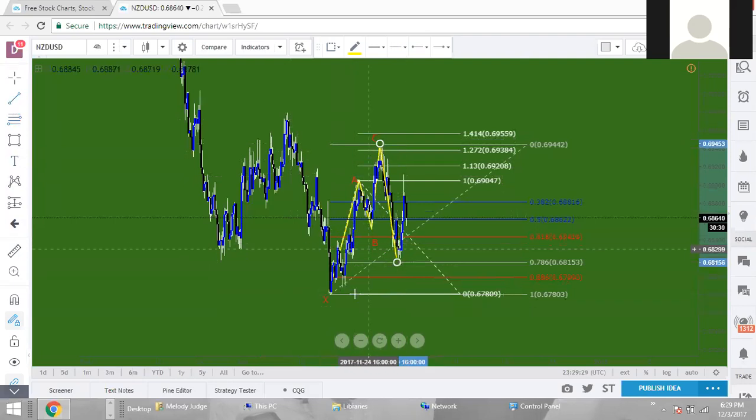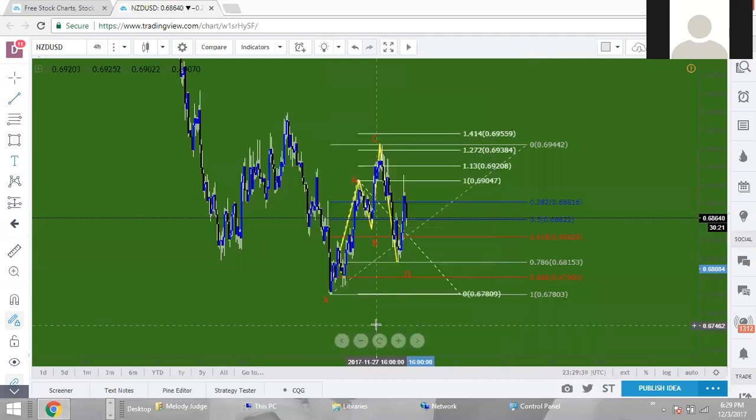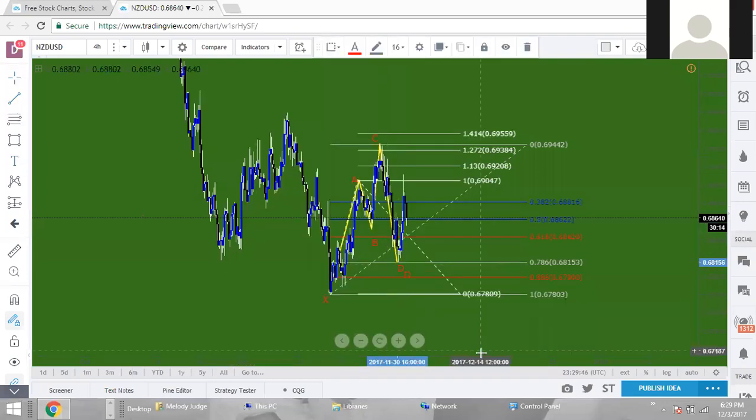Boom, 127 was hit. Completion. The market respected the 786 and completed a Cypher pattern. Make it look pretty.